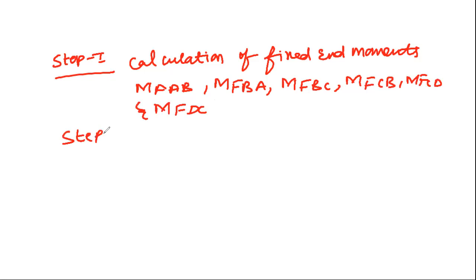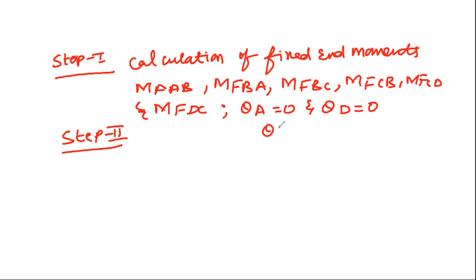Step 2: what else do we know? We know theta A equal to 0 and theta D equal to 0. These are all knowns for us. From these knowns, I am going to generate some equations, and after generating the equations I will solve them to get the unknowns.